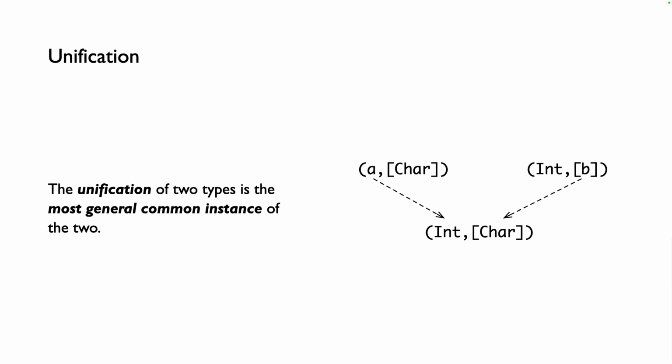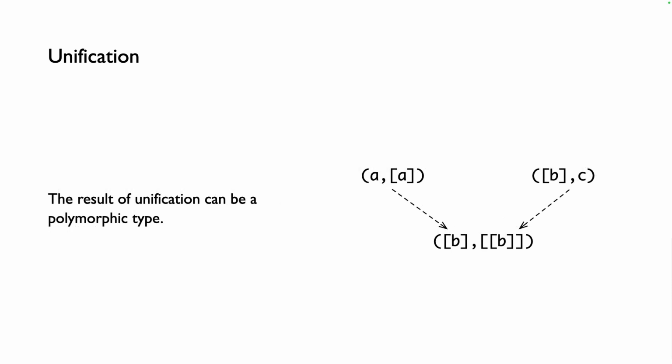So just a few things to say about unification. First of all, the result of unification can be itself a polymorphic type. So take a look at this, a unification of two pairs. The first is A paired with list of A. The second is list of B paired with an arbitrary type. Now, first of all, we have to ensure that A and list of B are unified.